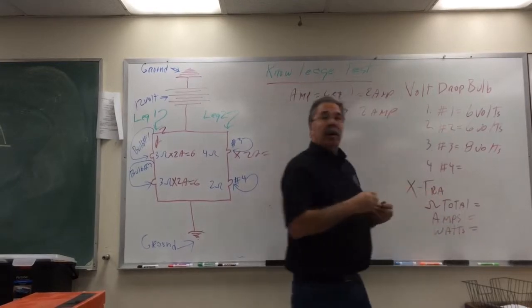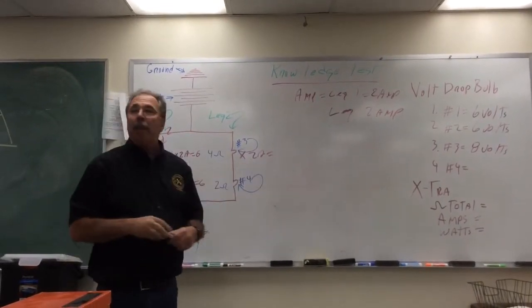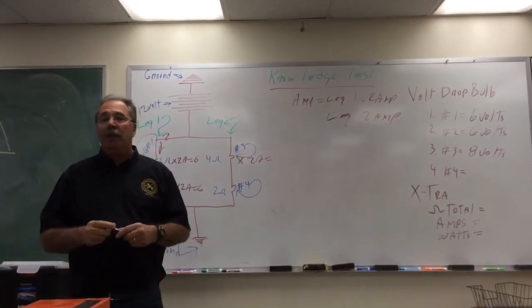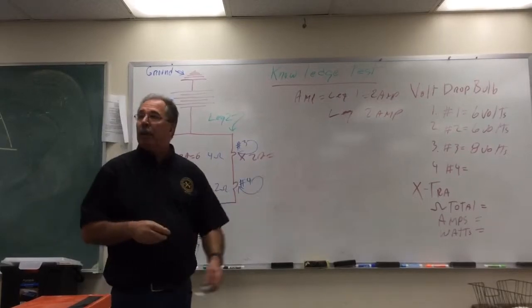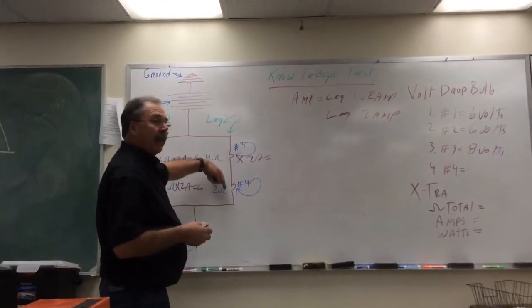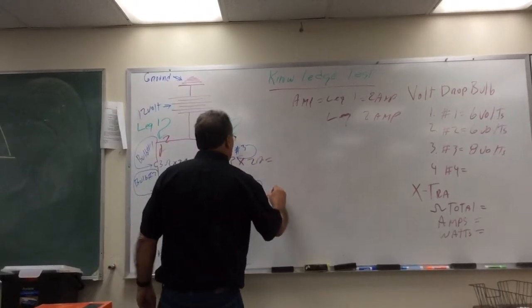Now, really, if we were in a hurry and wanted to get out and get a cup of coffee from the tool crib, you could do a little simple math and how many volts are dropped on bulb 4? 4, because we know that both of them are dropping 12, but let's do the math. So here, we know that there's 2 amps flowing through here, correct? So 2 ohms times 2 amps equals 4 volts.